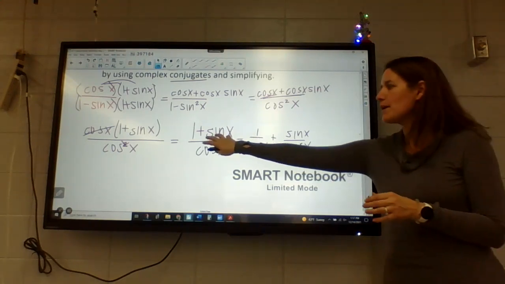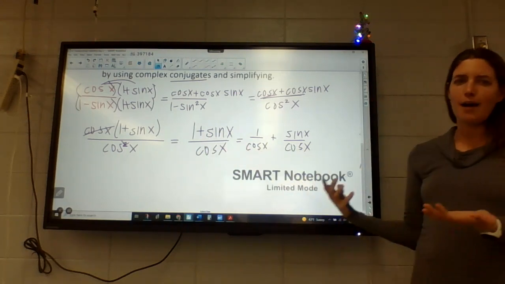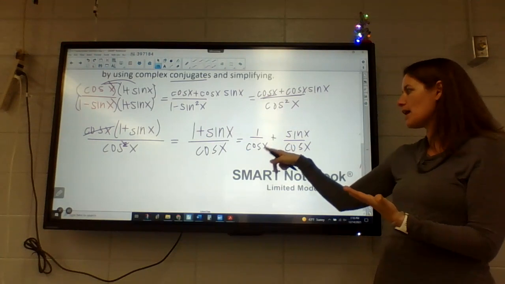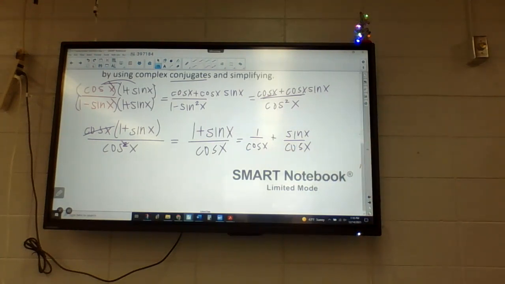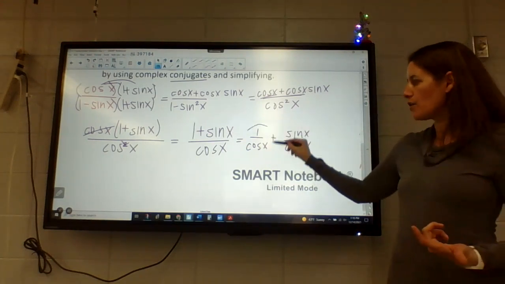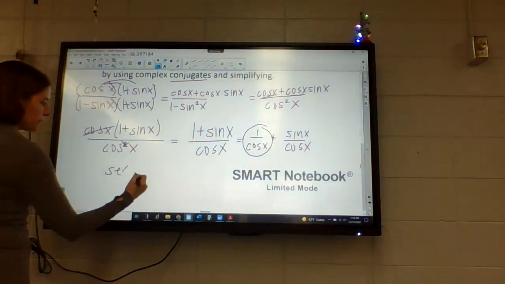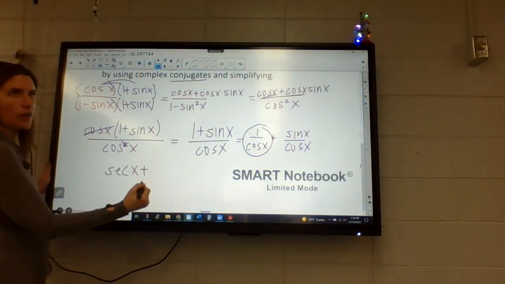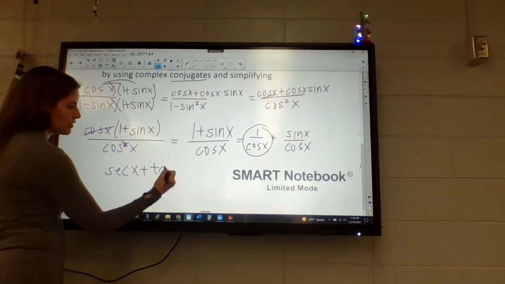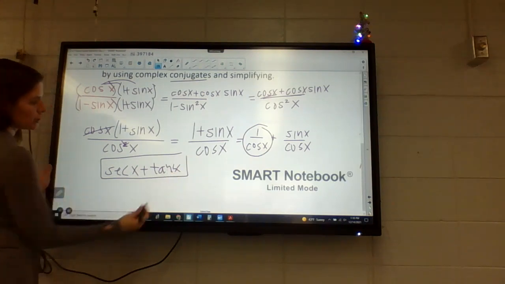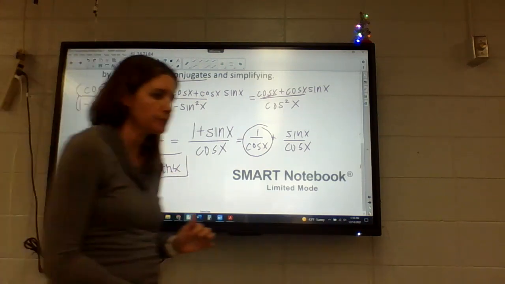Why we can break it up is they both have the same denominator, so I can just give them each that denominator, and 1 plus sine would go on top. And now, 1 over cosine is secant. Sine over cosine is tangent.